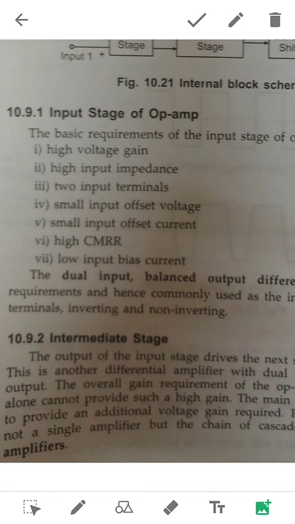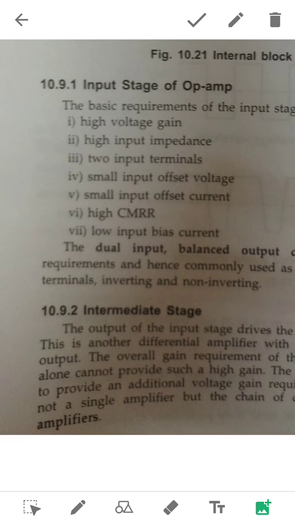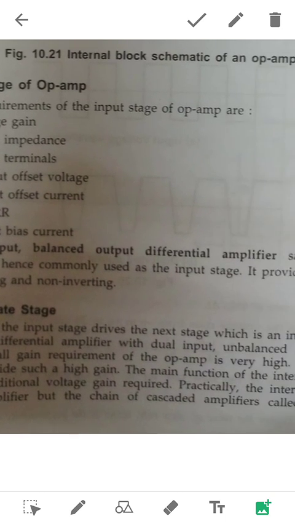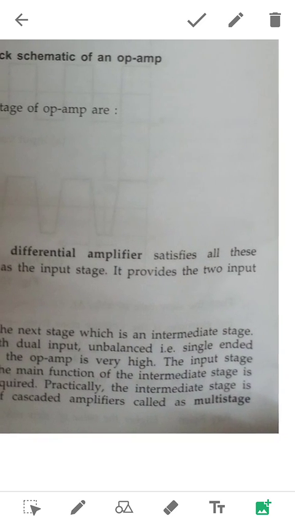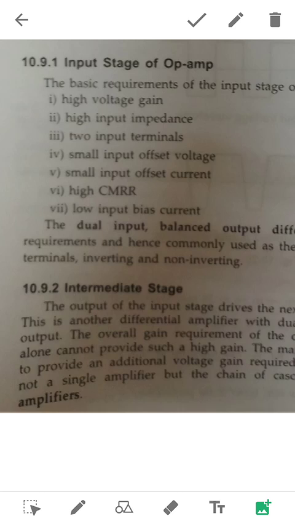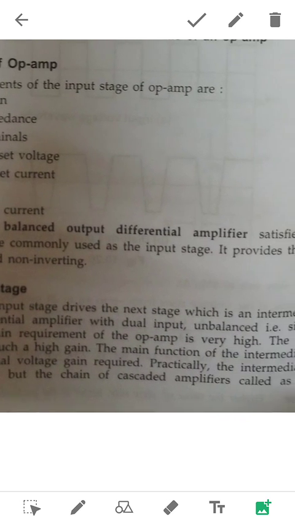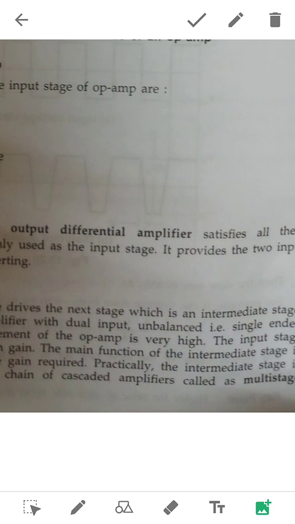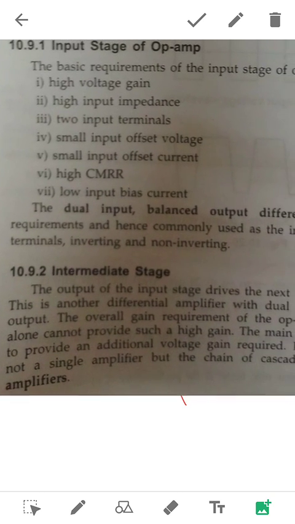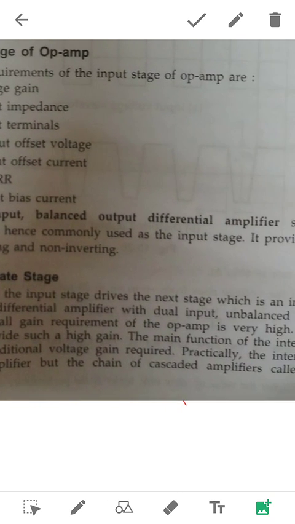coming to the intermediate stage. The output of the input stage drives the next stage, which is the intermediate stage. This is another differential amplifier with dual input, unbalanced, that is single-ended output. The overall gain requirement of the op-amp is very high.